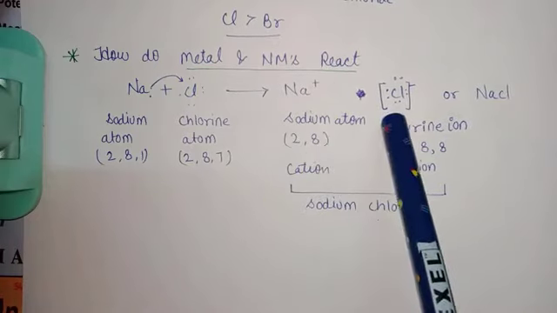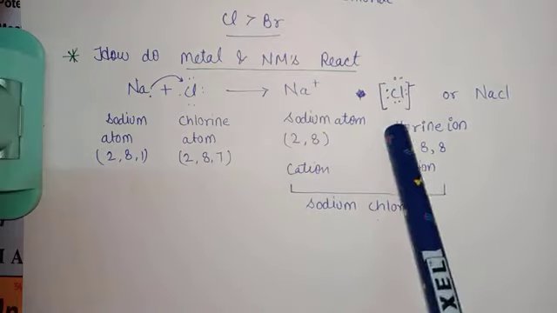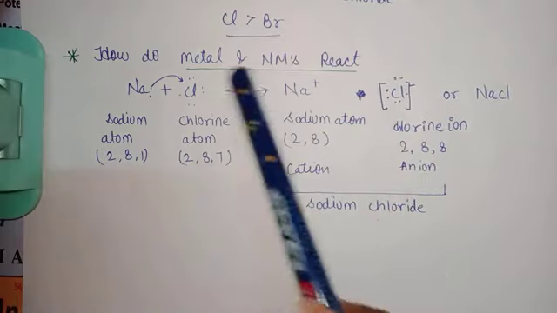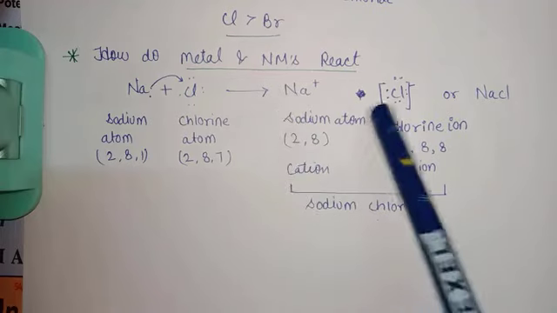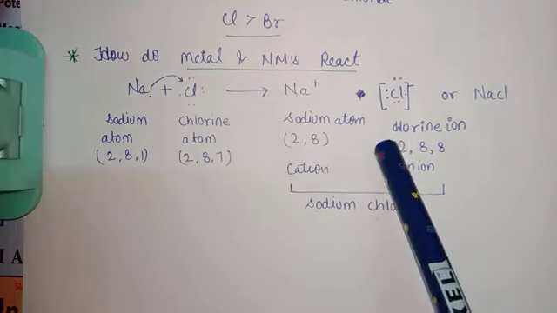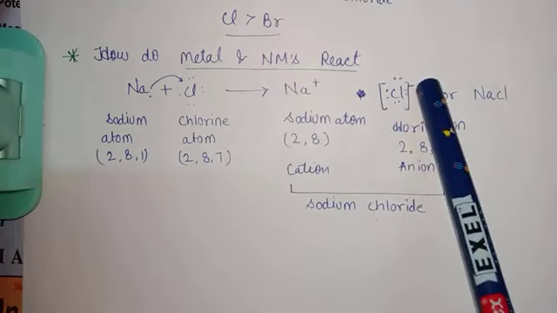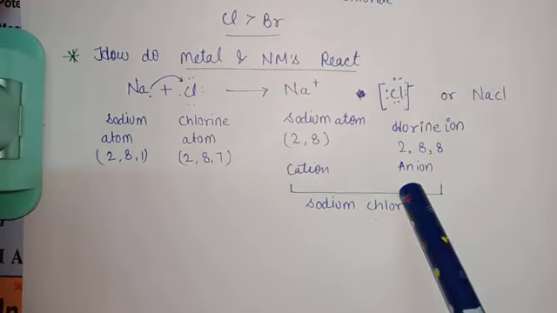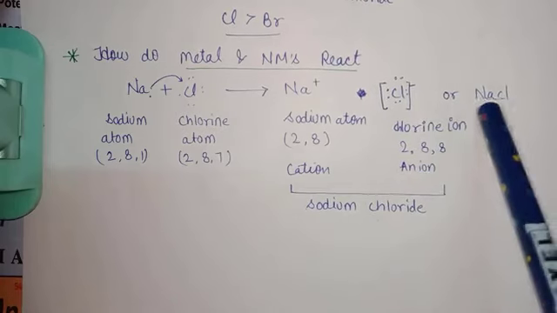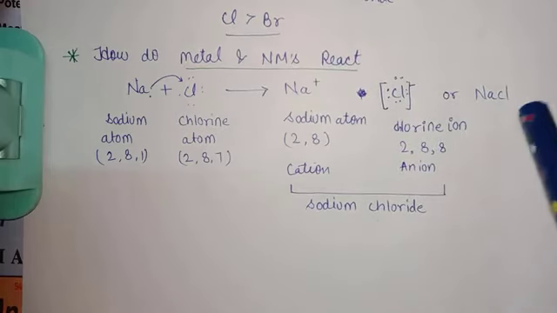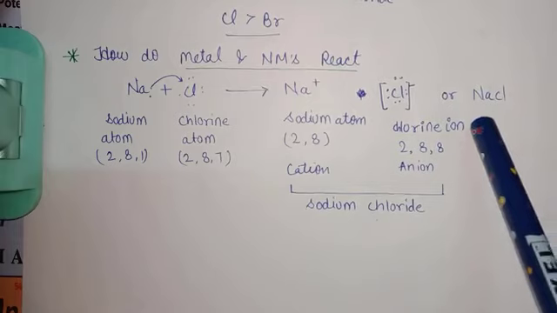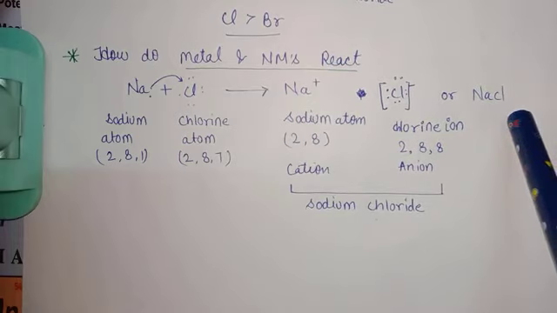And the chlorine gets an electron, it takes an electron and becomes a chloride ion, 2,8,8. With the negatively charged particle it becomes an anion, and the product is sodium chloride.